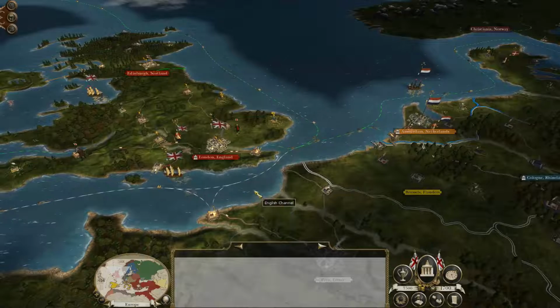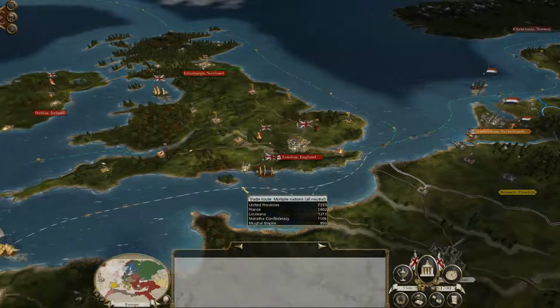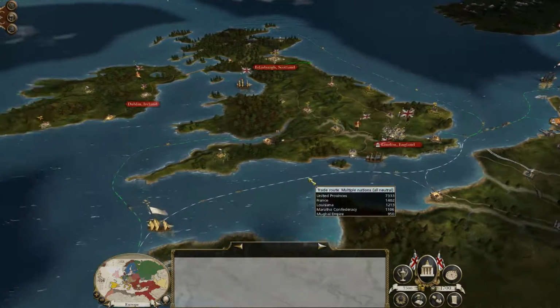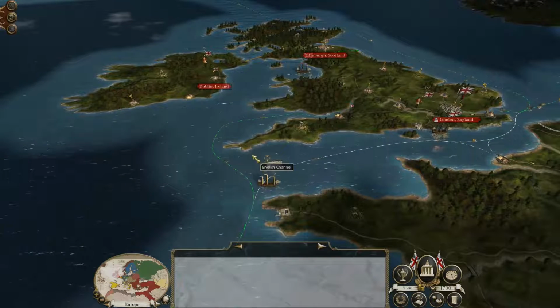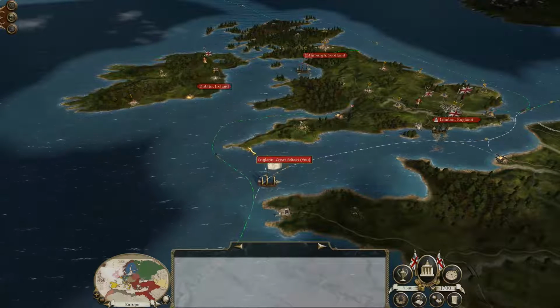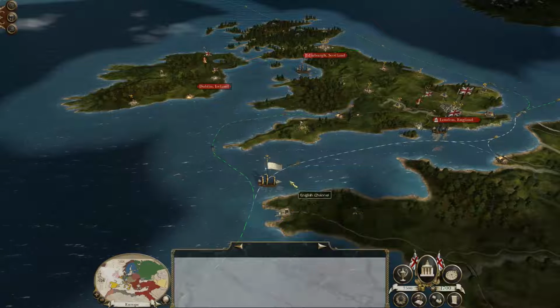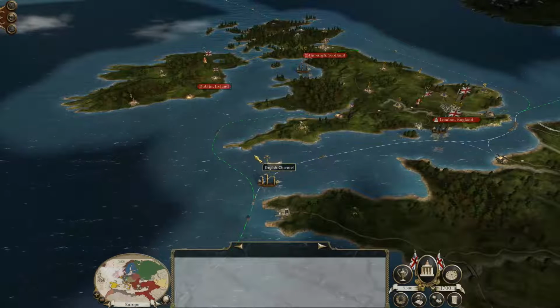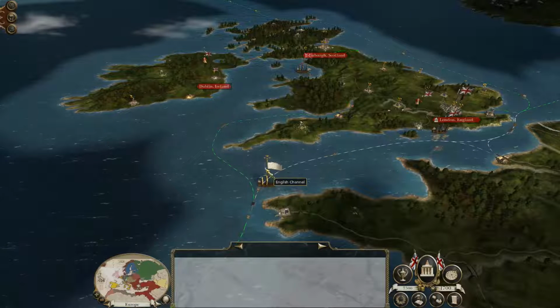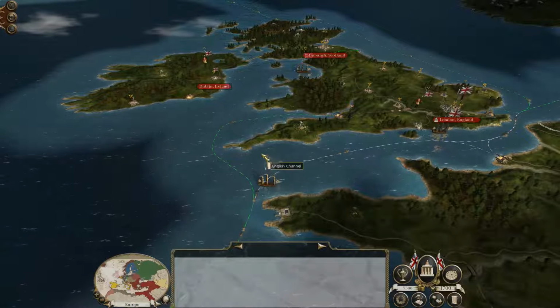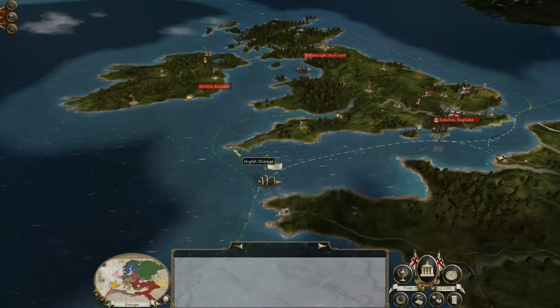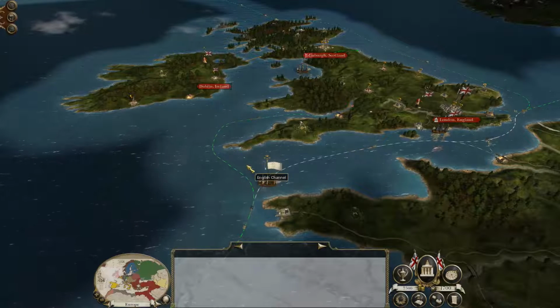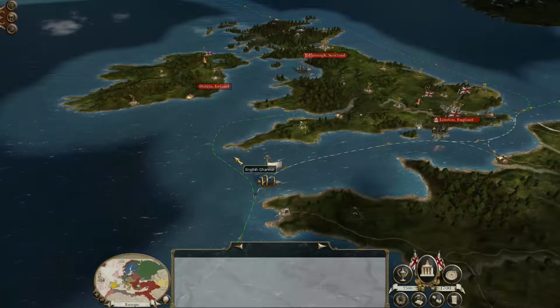There's another trade point here, even here between Cornwall and France, and Brest. If you have enough naval forces, you could put two in parallel to each other, one here and one here, to really control the English Channel from this western side, as it were.